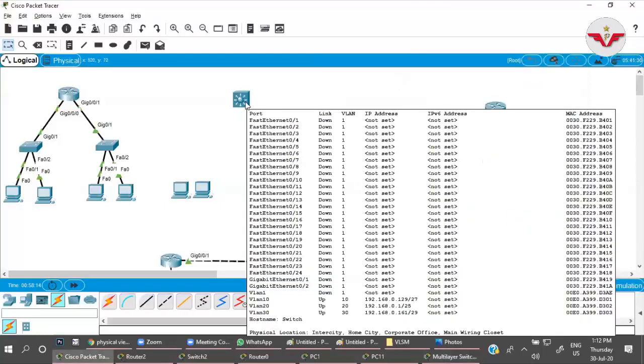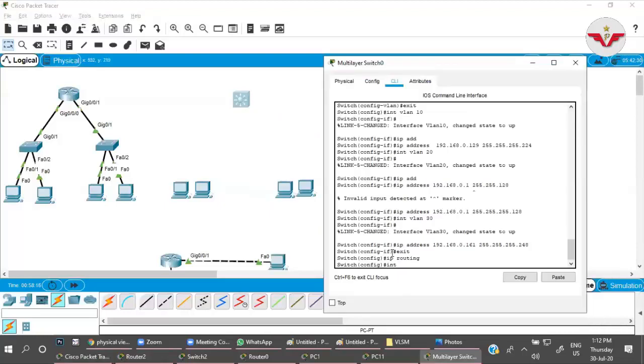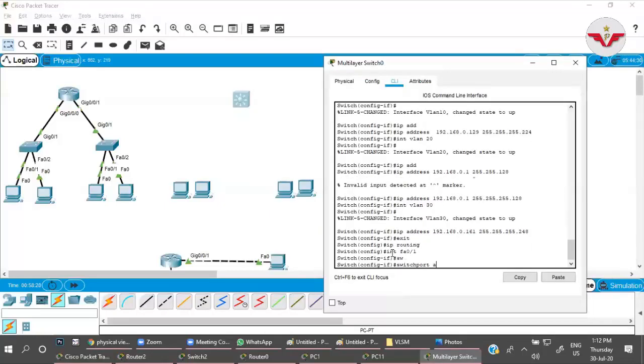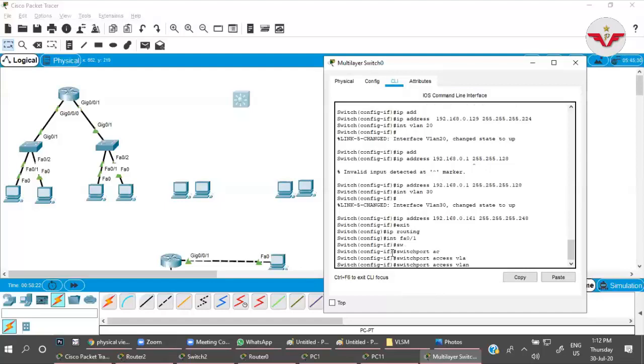We have 24 Fast Ethernet ports. So int fa0/1, switch port access VLAN 10. I want all the switch ports to be accessed for VLAN 10 for the faculty network. Port 1 VLAN 10, port 2 VLAN 10, port 3 VLAN 10.